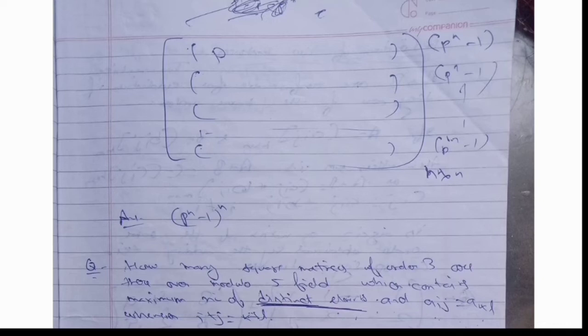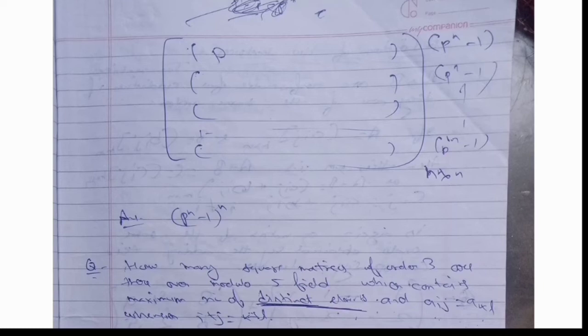So p cross p cross p, n times, that will be p raised to power n. But we have to have a non-zero vector, so we have to delete the row vector in which we have 0 as the entry for the whole row. So p raised to power n minus 1. How many rows do we have? n. So p raised to power n minus 1 into p raised to power n minus 1, n times. So we will have p raised to power n minus 1, all raised to the power n.